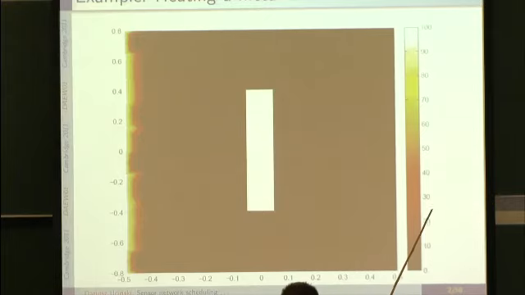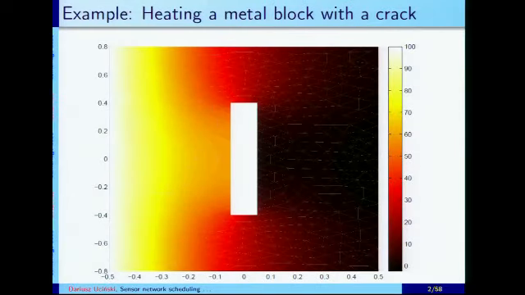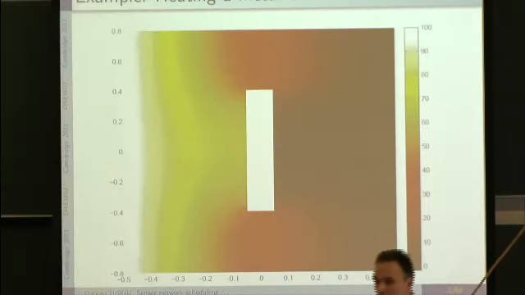So, if we look at consecutive snapshots of the temperature distribution, we see that we deal with a special temporal phenomenon. So we observe evolution in time, but we also have evolution in space. So the temperature changes both in time and space.